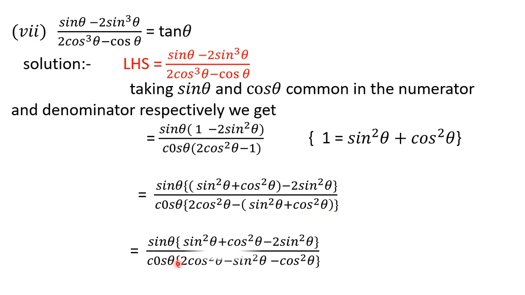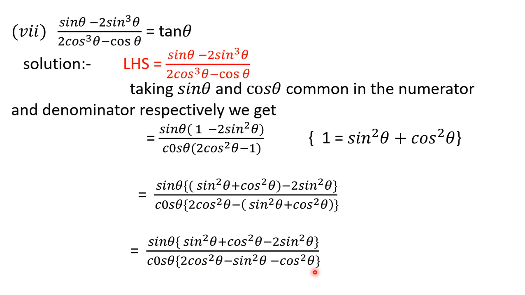We get sin theta into sin square theta plus cos square theta minus 2 sin square theta. In the denominator, the minus sign multiplies inside the bracket, so it becomes sin square theta minus cos square theta. In the numerator, sin square theta and minus 2 sin square theta will subtract, and similarly in the denominator, 2 cos square theta and minus cos square theta will also subtract.